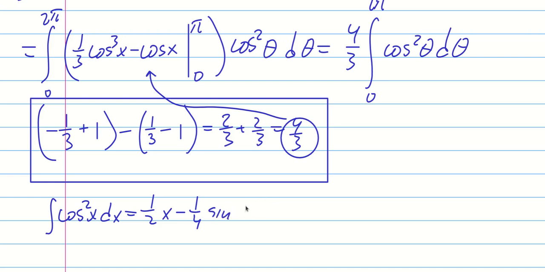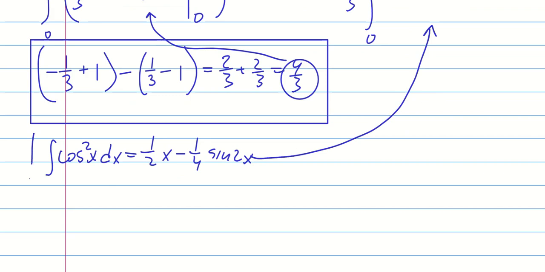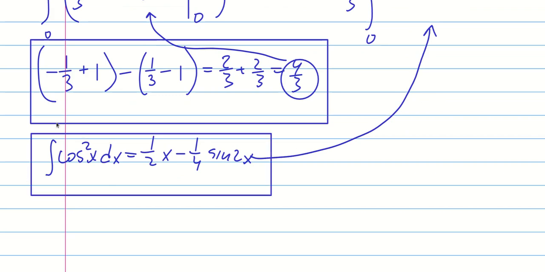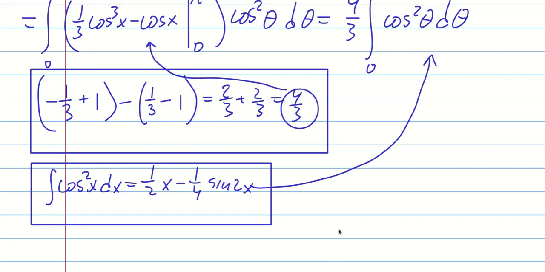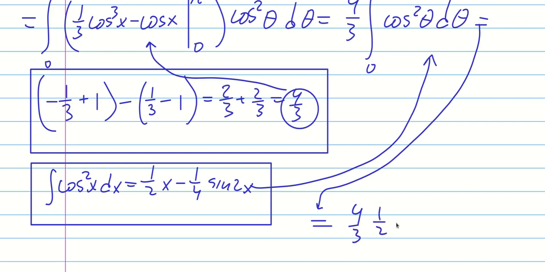To save some time, I'll just use this answer. So this integral is equal to 4/3 times 1/2 of theta minus 1/4 sine of 2 theta evaluated from 0 to 2 pi.